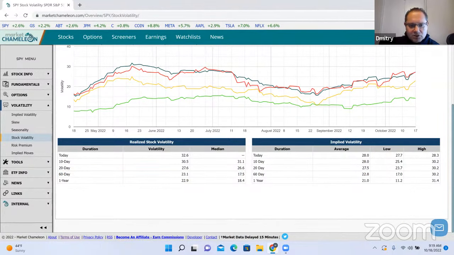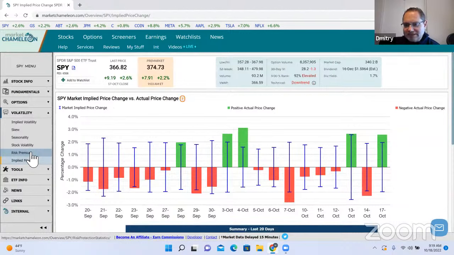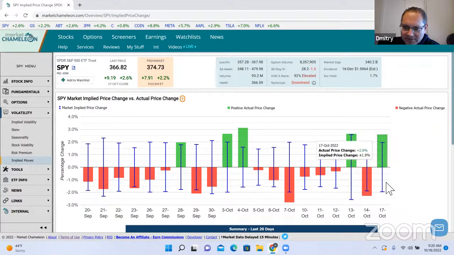Just to save time, let's look at the implied moves. These are realized moves by end of day versus what the market was predicting as a daily move the day before. Okay, these bars here, up and down, you could see we have them going back in days.